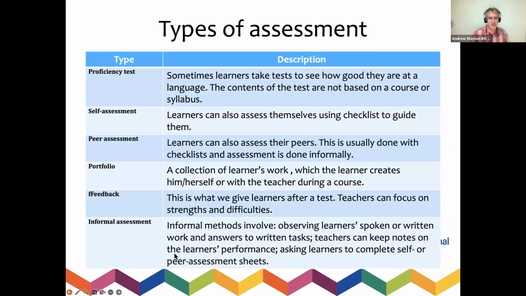Okay, well, I'm going to give you the answer here. It's informal assessment. And we're going to be looking at the difference between formal and informal assessment in a bit more detail. So informal methods involve observing learners' spoken or written work.